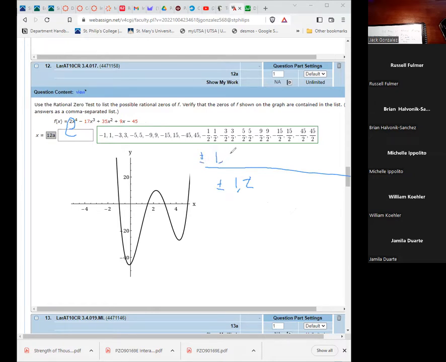What goes into 45? 1, 3, 5, 9 for sure, 15. Did I miss any so far? 45. I don't think I missed any.